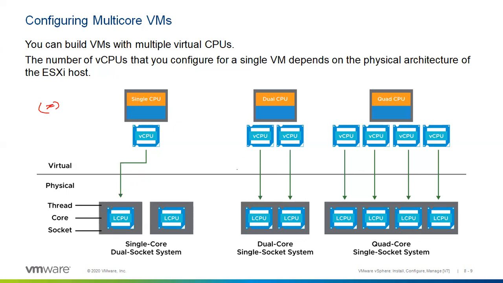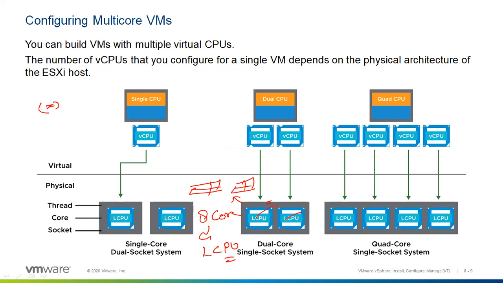Any host can have physical sockets, and under each socket there can be multiple cores. I'm just taking this for reference. If I say 2 sockets with quad core, it means I now have a total of 8 cores, which your host will indicate as logical CPUs.